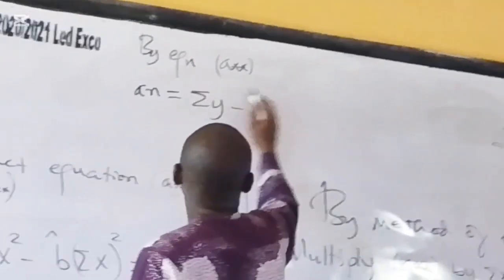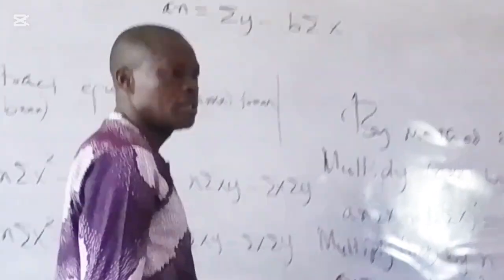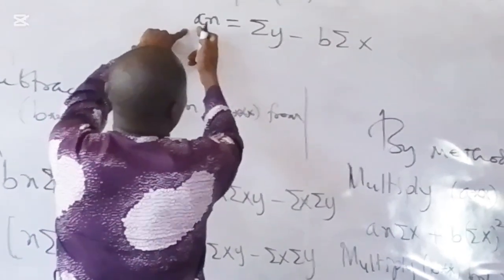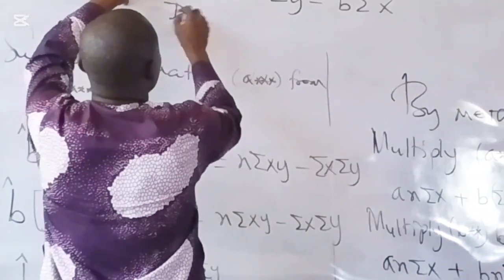If you want to find a alone, it means you are going to divide through by n.